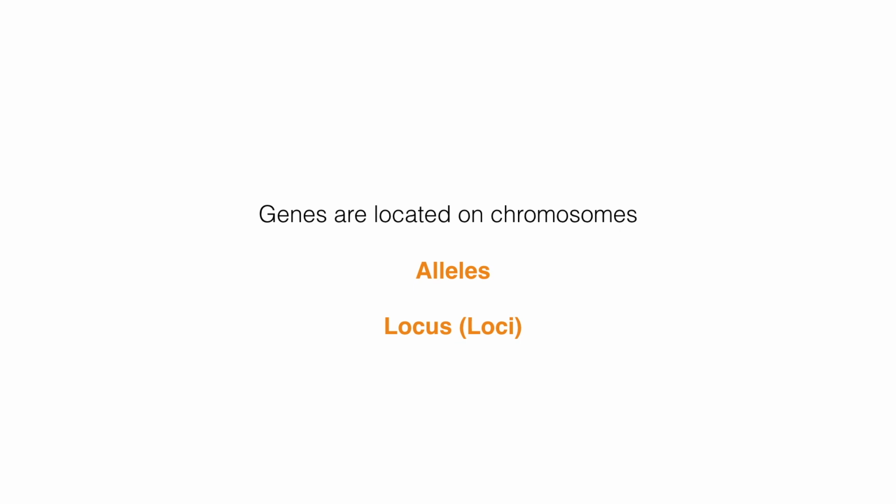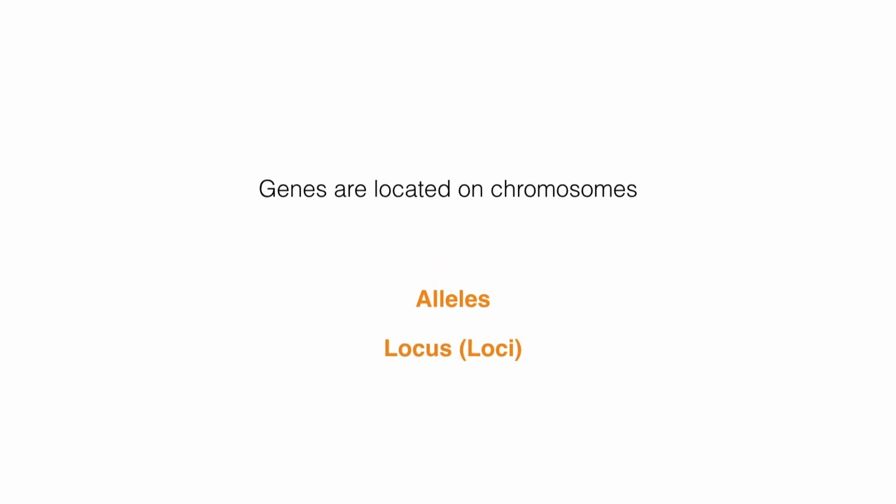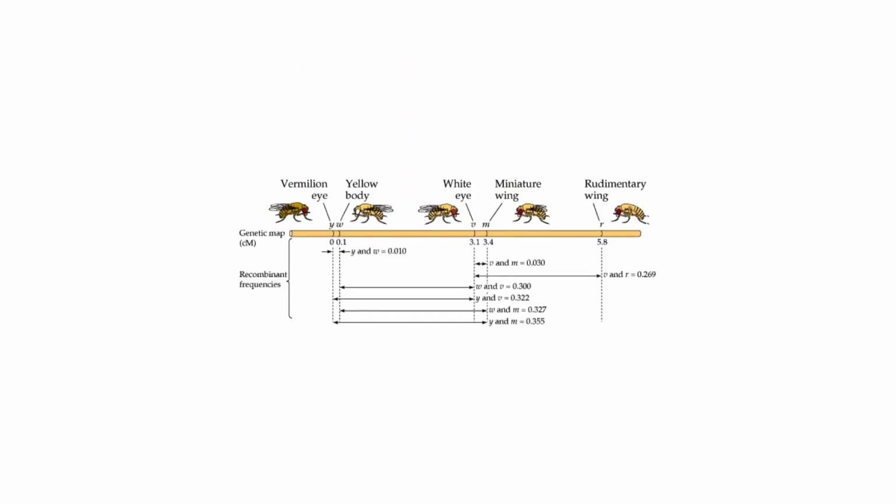Alleles are different variants of the gene that can be found in the same chromosomal locations. An example of alleles in a fruit fly called Drosophila melanogaster are shown on the figure. Vermilion eyes, yellow body, white eyes, miniature wing, rudimentary wing, etc.